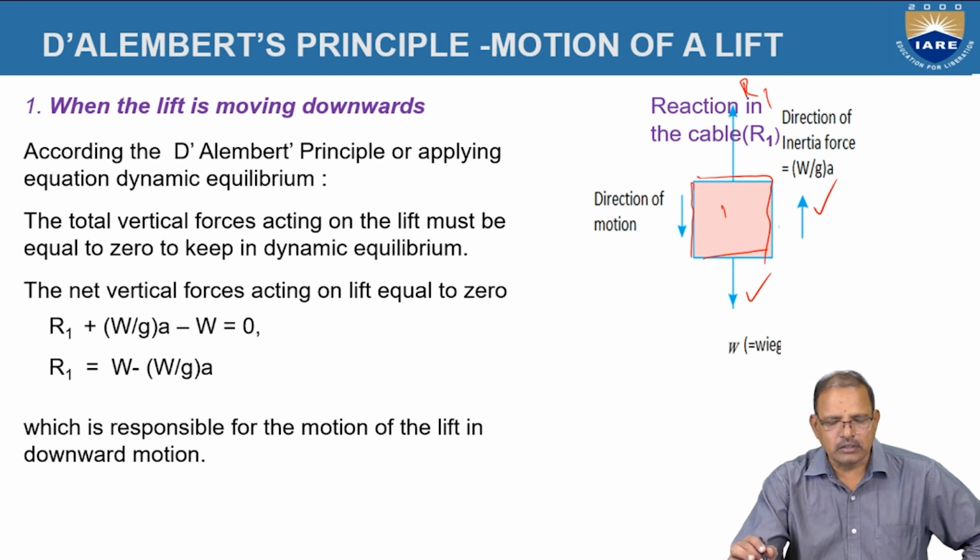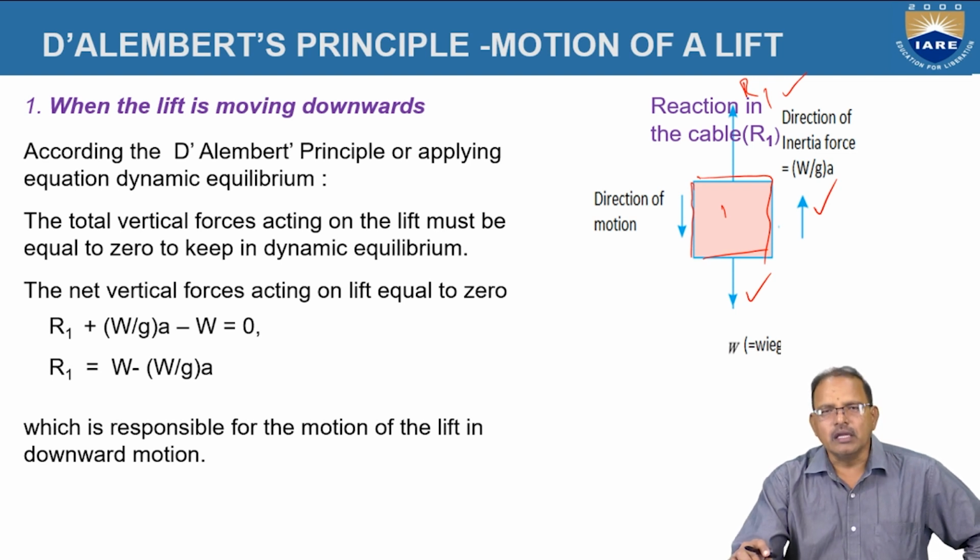So here three forces are involved. One is the tension in the rope, the second is the weight of the body in the downward direction, and the third is the inertia force, which always acts opposite to the direction in which the body is accelerating. Under these three forces, the body is in dynamic equilibrium according to D'Alembert's principle.